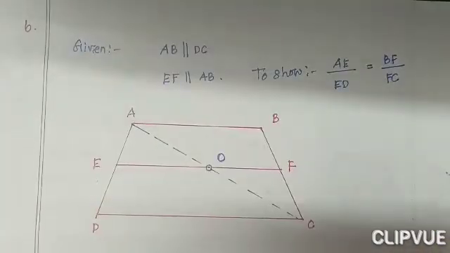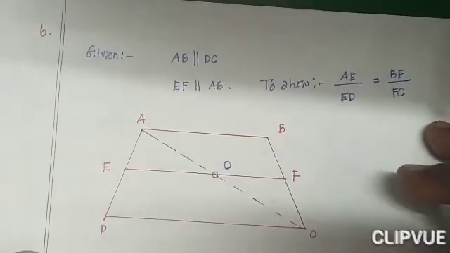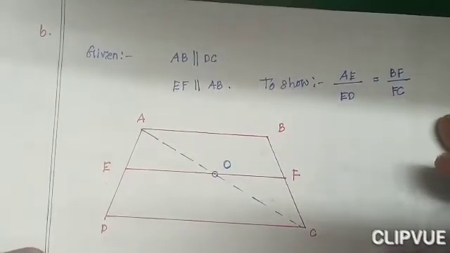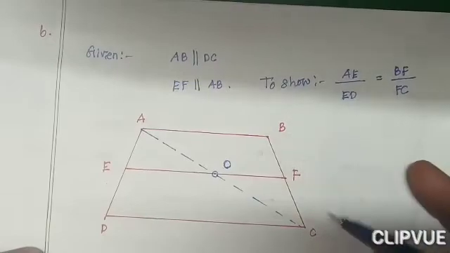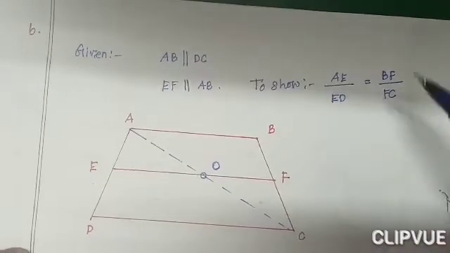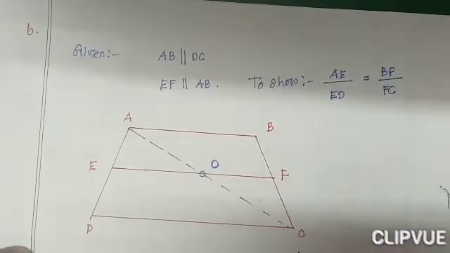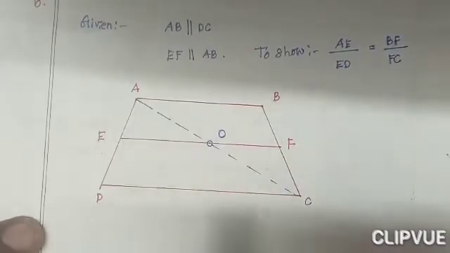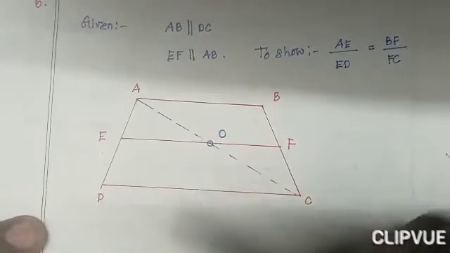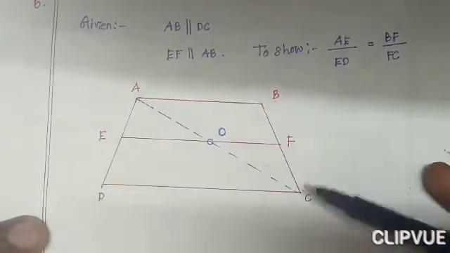Exercise number 4.2, question number 6. Already we have done this problem. Once again I am going to show the result. Listen, this is the trapezium ABCD with AB parallel to DC. The 2 non-parallel sides are AD and BC.